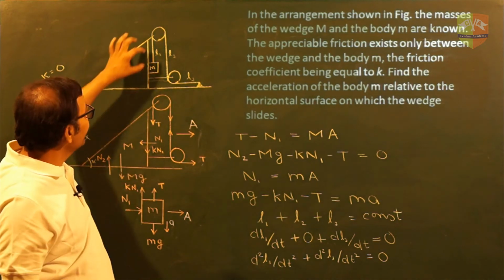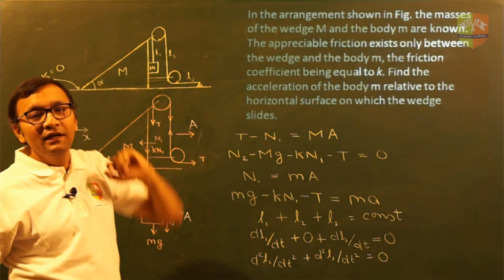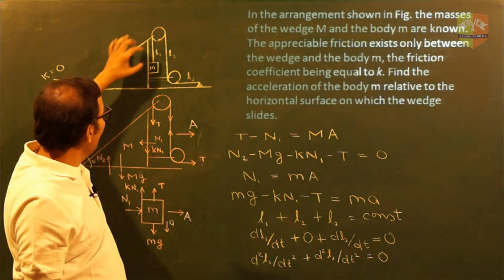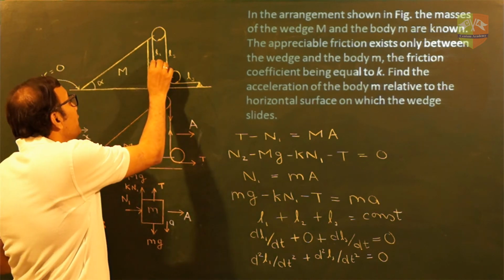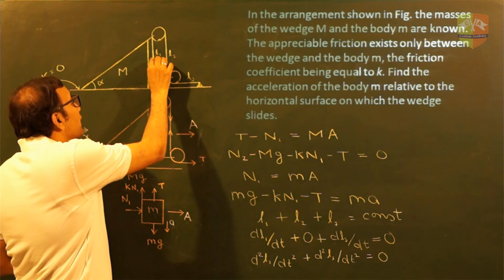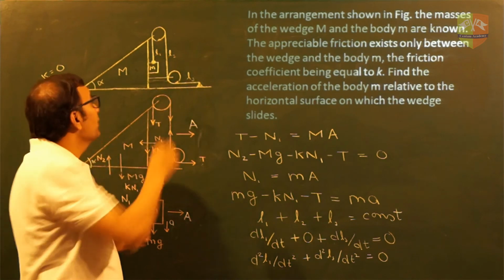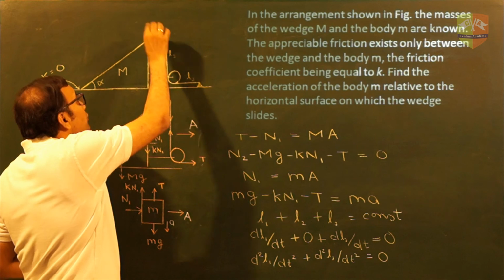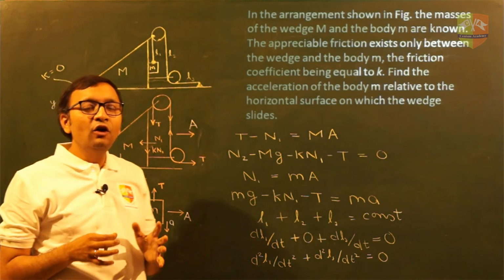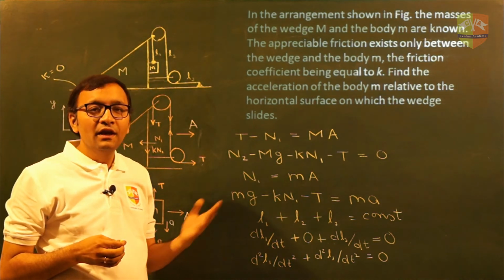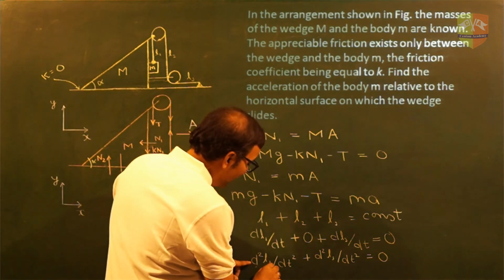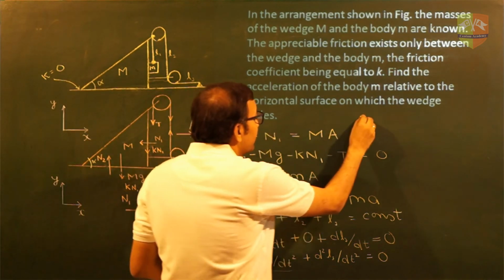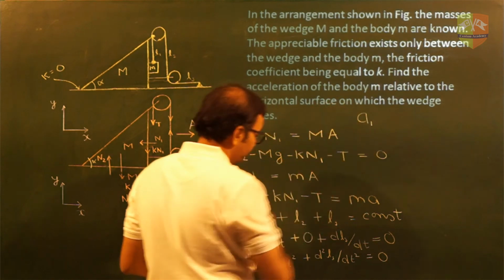Now what is the acceleration with which L1 is increasing? This point is moving with acceleration small a, whereas this point is not moving at all. So d square L1 by dt square is small a.